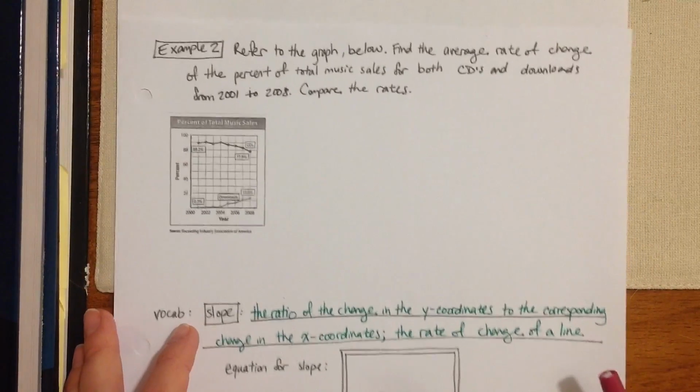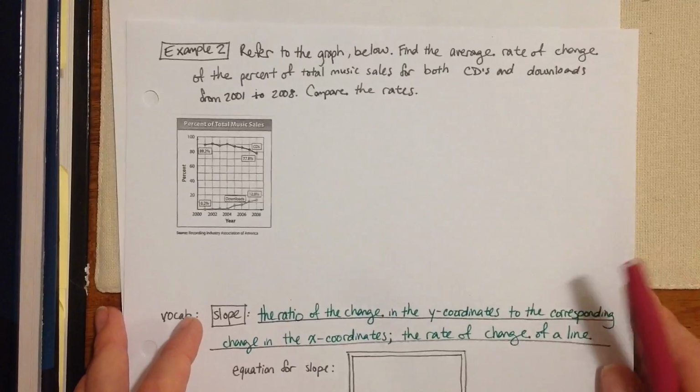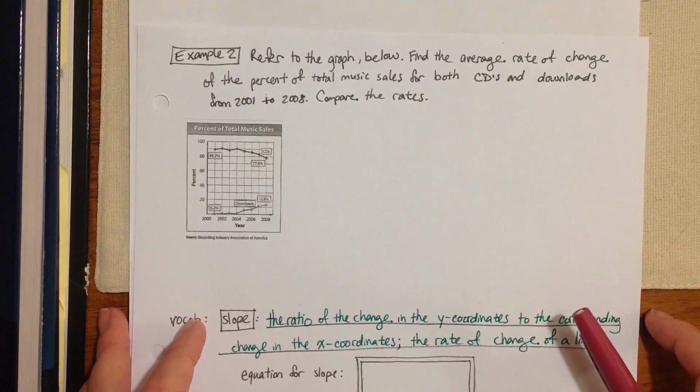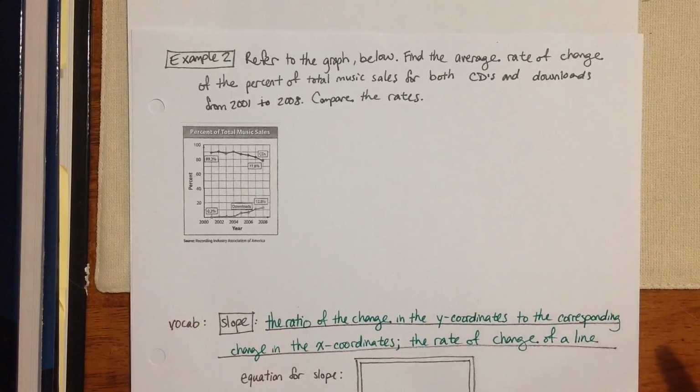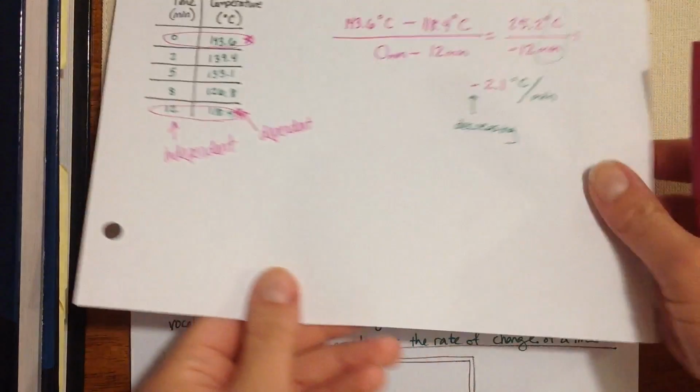Well, let's take a look at a chart, see what we can do with this one, a graph. Refer to the graph below. Find the average rate of change of the percent of total music sales for both CDs and downloads from 2001 to 2008. Compare the rates. I did want to say one thing real quick about this last one.